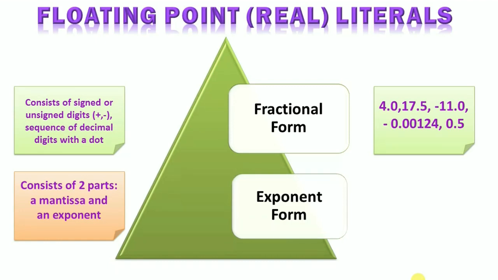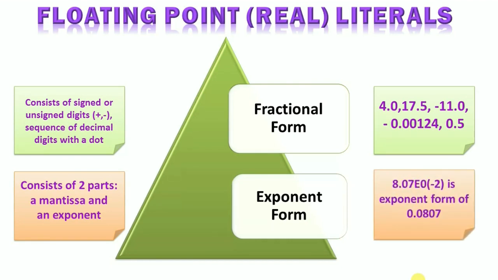It is followed by a letter capital E or small e and the exponent. The exponent must be an integer. As an example, we can see here 8.07E-2 is the exponent form of 0.0807.